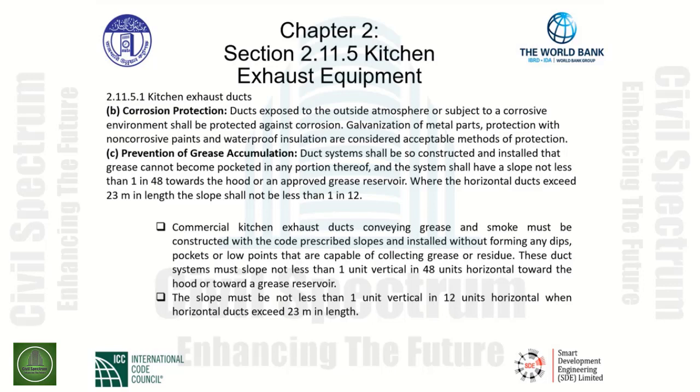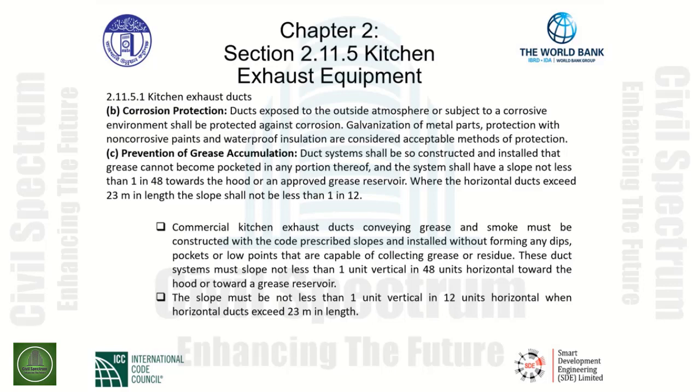Commercial kitchen exhaust ducts conveying grease and smoke must be constructed with the code prescribed slopes as indicated in this section, again, without forming any kind of dips or low points in the ductwork that are capable of collecting grease or residue.